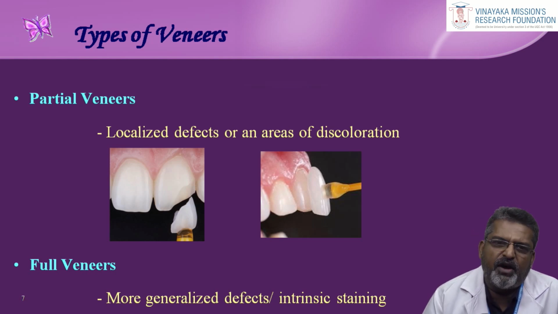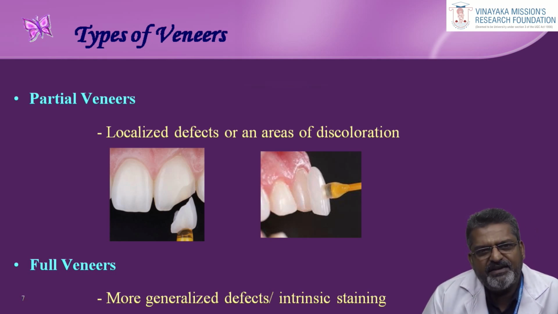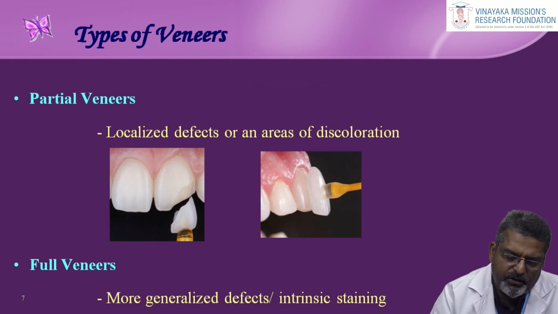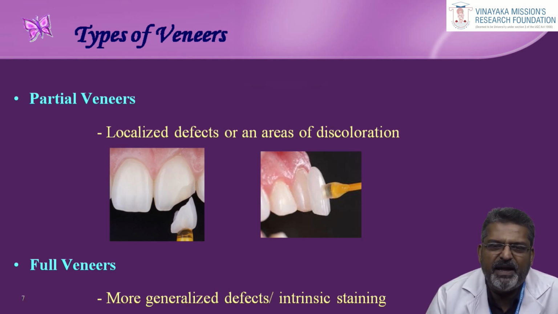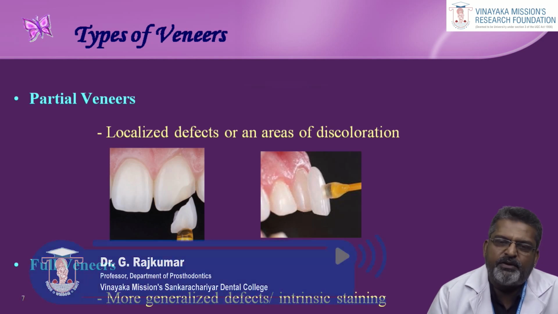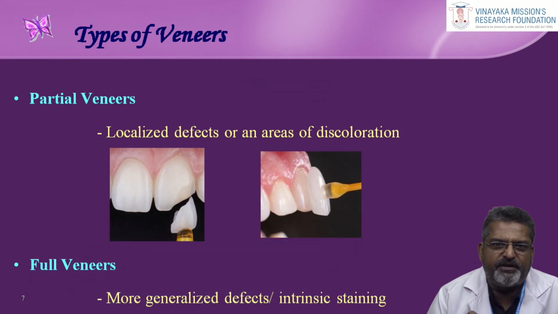That is, if you have any localized defect or some minute area of discoloration on the tooth surface, and the patient needs masking or correction of that localized defect, you change or add only that part, or replace that part alone, without involving the rest of the tooth. This kind of veneer is called a partial veneer.